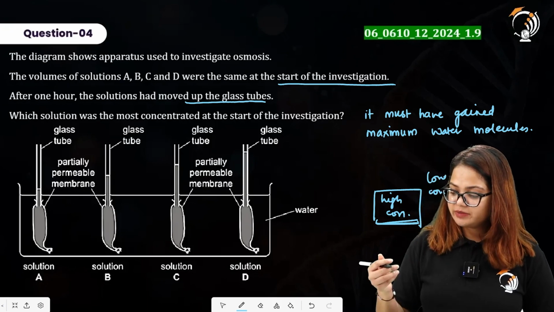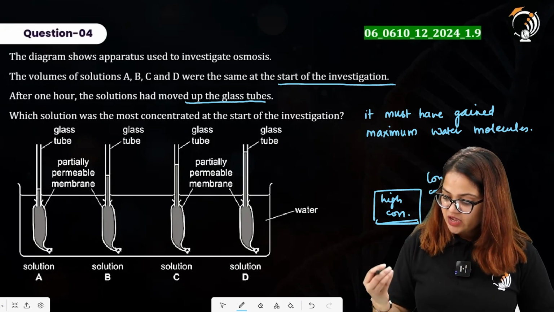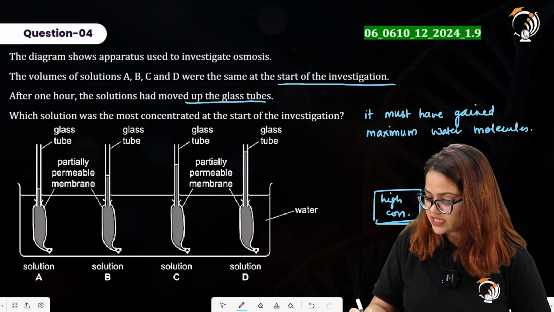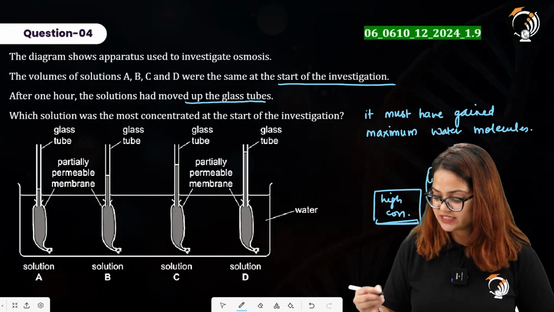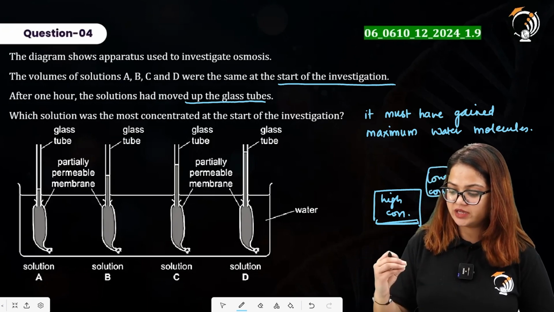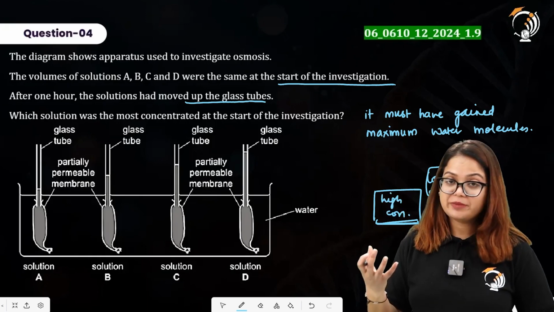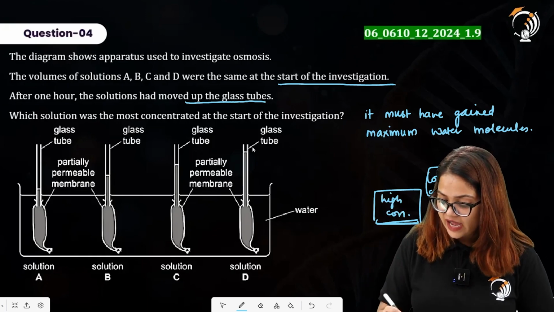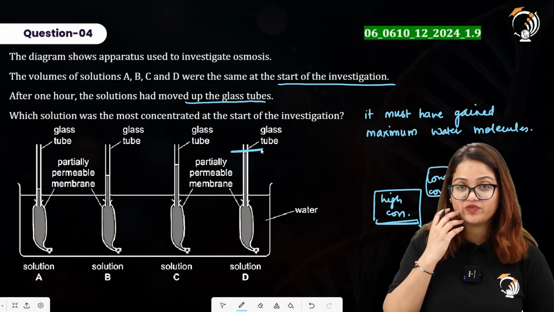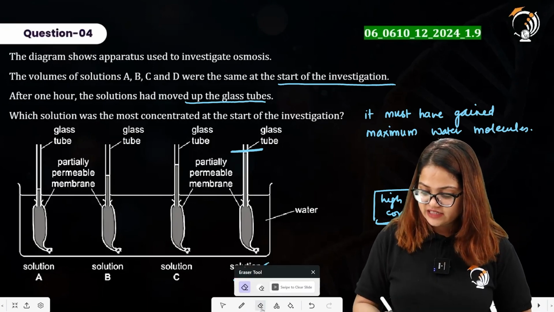There will be a movement of water molecules from the outside, since the outside has a low concentration of solutes. So water molecules will move into the dialysis tubing here, so it will gain the maximum number of water molecules and have the highest level of the solution that has moved in the glass tube. So we will say that option D is the right answer for this.